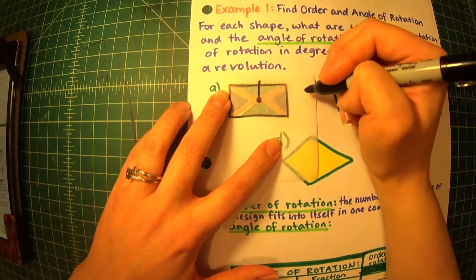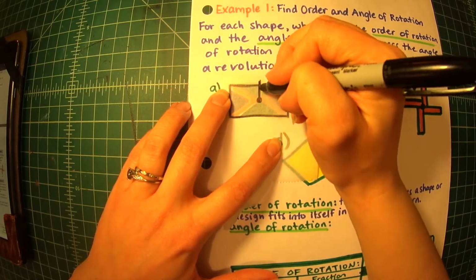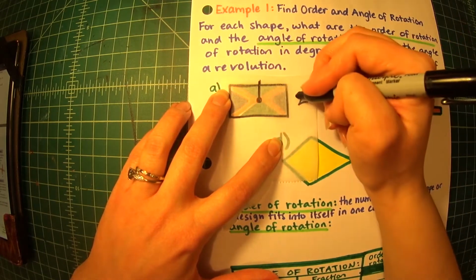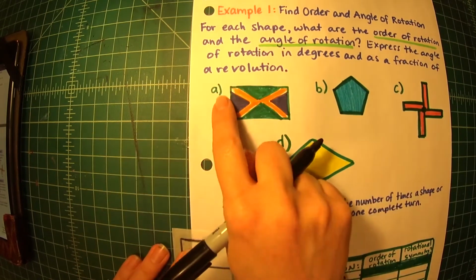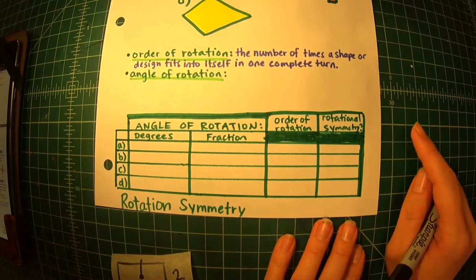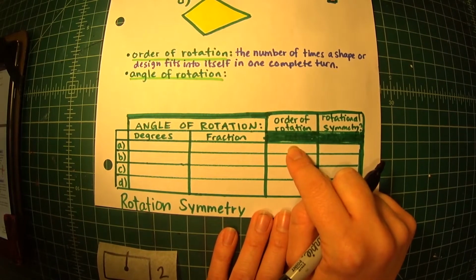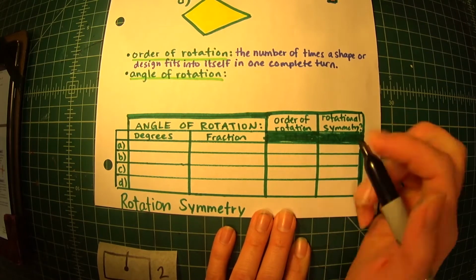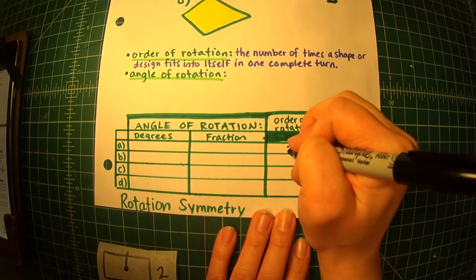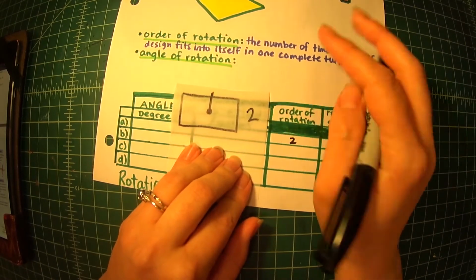So it matched up with itself twice in a single revolution, in a single 360-degree turn. So that means for A, this little flag shape, my order of rotation, which I have in one of the columns of my table down here, the order of rotation for that is therefore 2. Okay, it matched up with itself twice in a single turn.